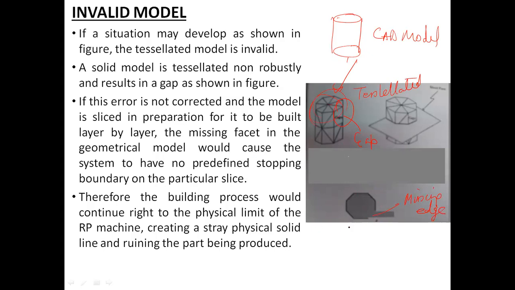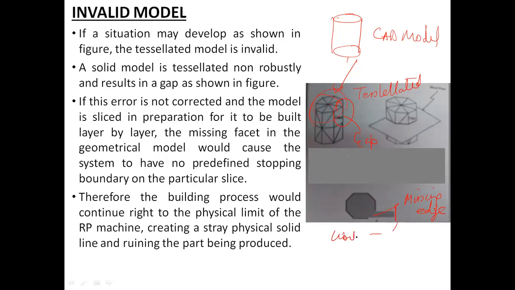So what happens when the missing edge is there? When the layering or one-dimensional hatching is happening, what you will observe is that the hatching doesn't stop at the boundary, it ends basically at the end of the table. This is the end of your working table.